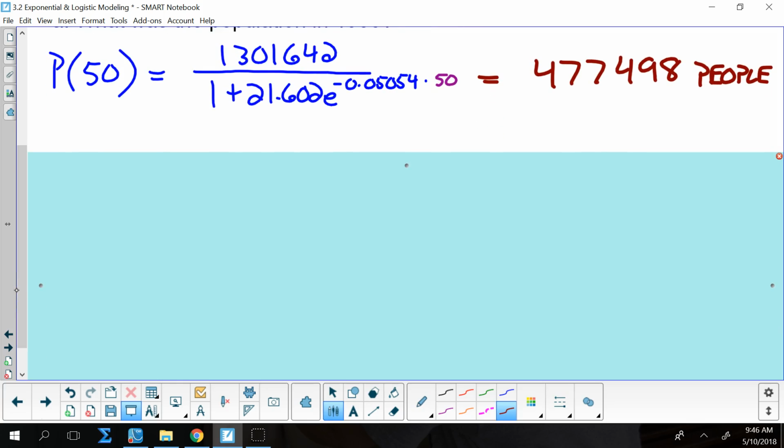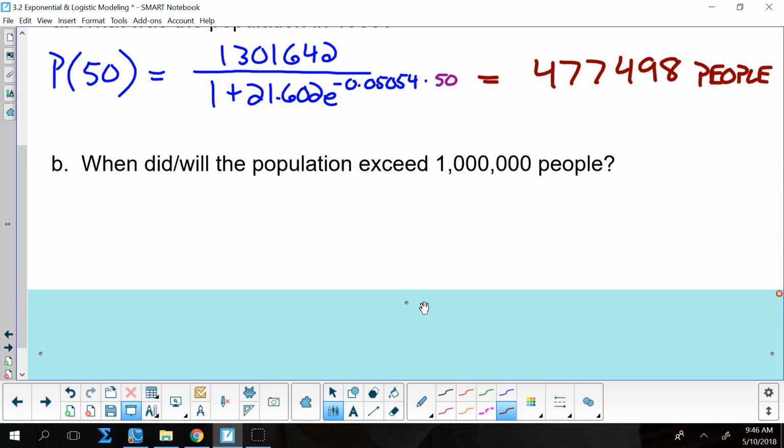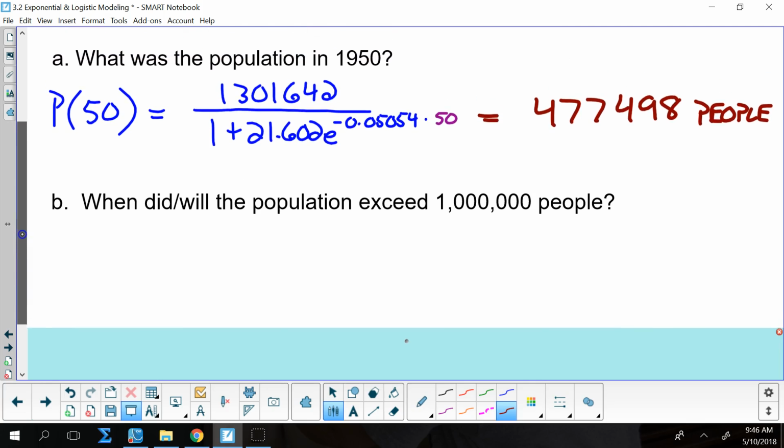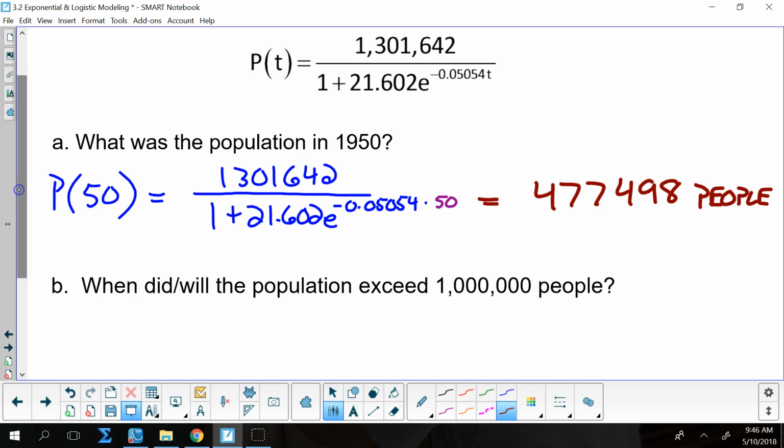Using that same model, when did or when will the population of Dallas exceed 1 million people? I'll bring that function back into play. There it is. Okay? So when did or when will that population exceed 1 million people?